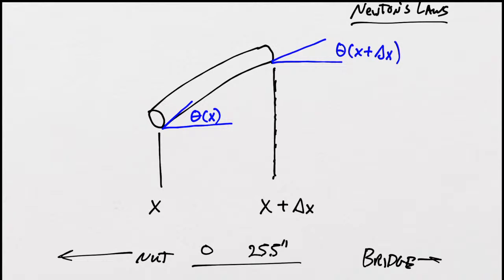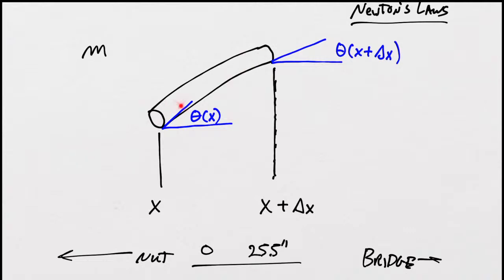The other important part of characterizing the string is that it has mass. It has weight. So let's say this little segment of string has a certain mass, and we'll call it M. The problem is that we're looking only at a tiny little piece of the string.